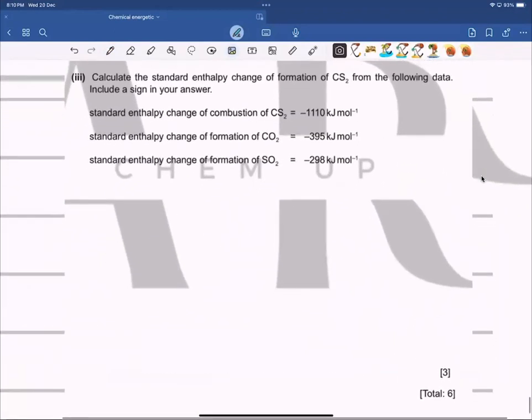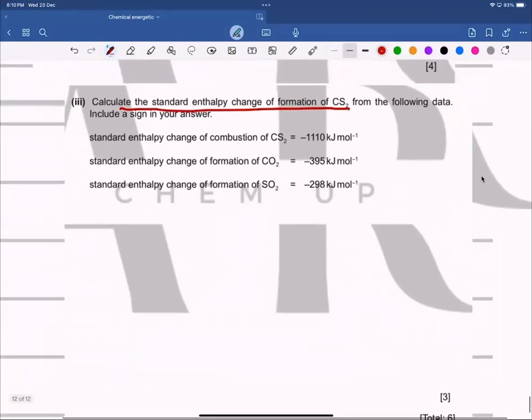So if you see here, they are saying calculate the standard enthalpy change of formation of CS2. So I have to calculate the enthalpy change of formation of CS2, right? From the following data. And they haven't given us the equation. So if I'm going to make the equation, CS2 is our product and it is forming from its elements.